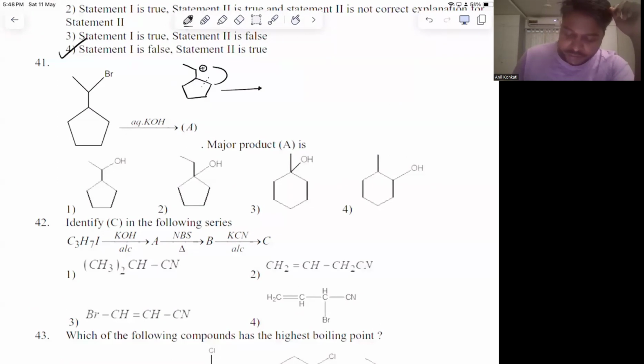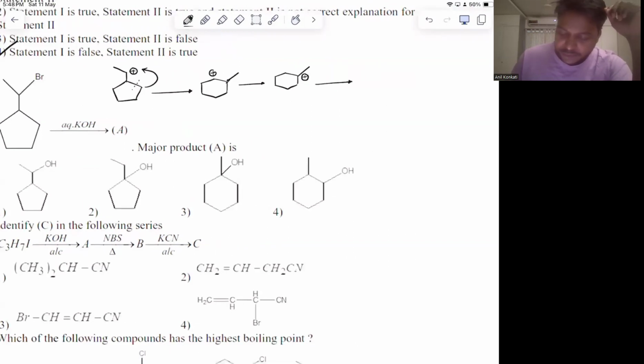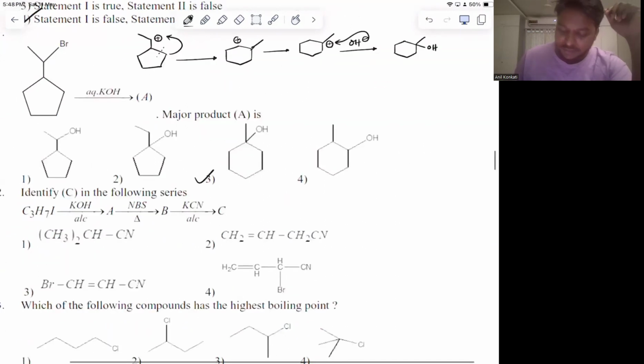This carbocation will undergo ring expansion, which will put the positive charge here. And again, that carbocation will rearrange to this position, on which OH minus attacks. So we will get this tertiary alcohol, which is option 3.